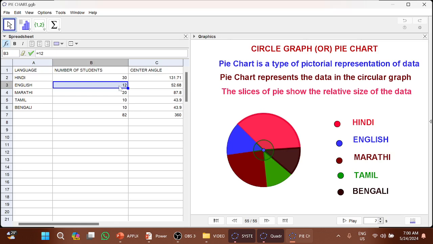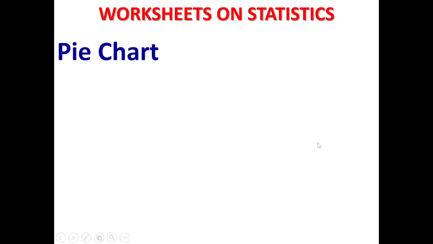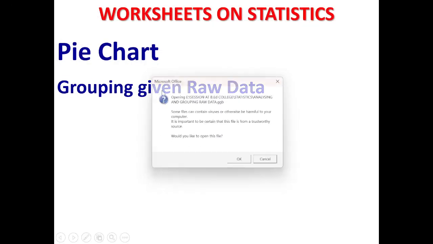Now when I change it to 15, the figure automatically changes. When I change it to 20, again it changes. So a pie chart is a pictorial representation. Now a child can visualize it by simply changing the data over here, and they can calculate the center angle also.